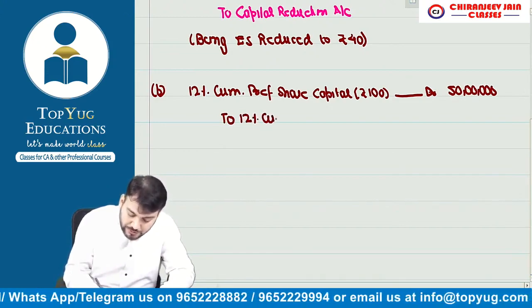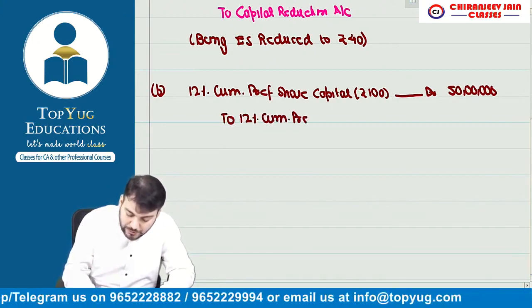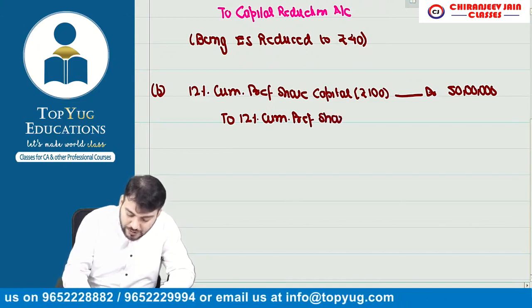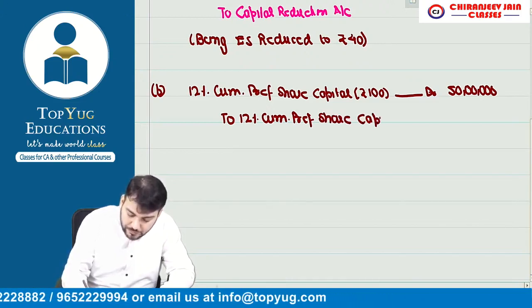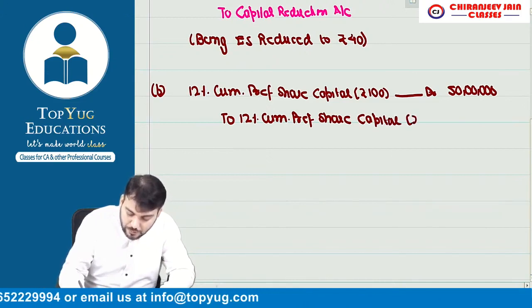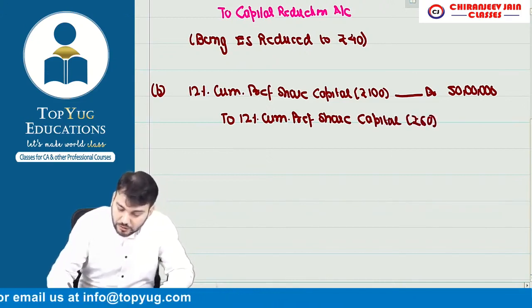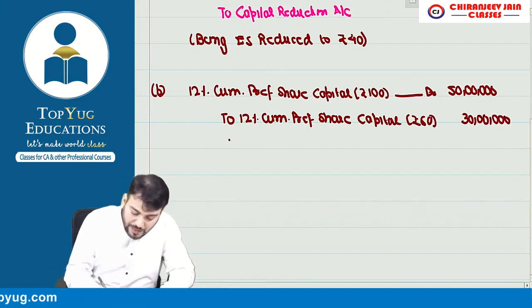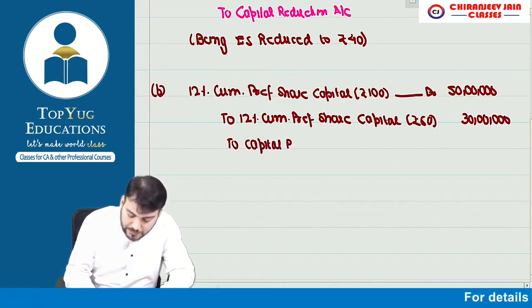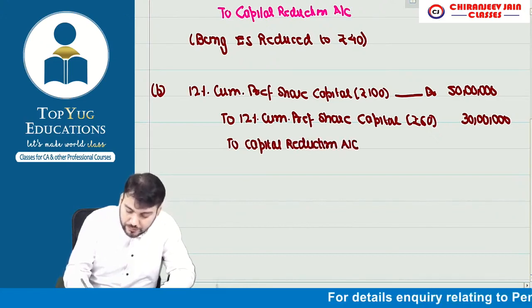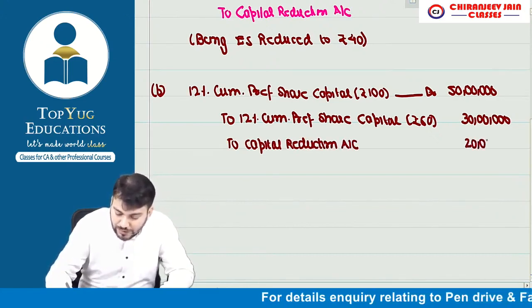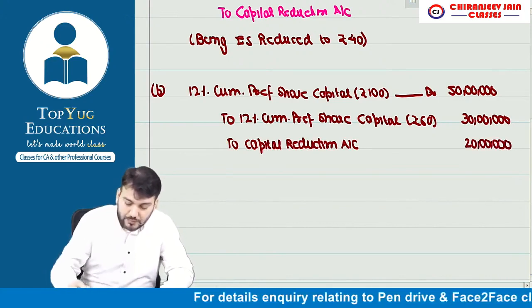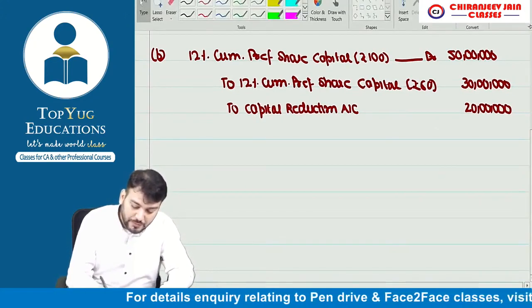So 12% cumulative preference share capital, rupees 60, so of course it will be 30 lakh, and the balance will be transferred to capital reduction account, that is equal to 20 lakh.